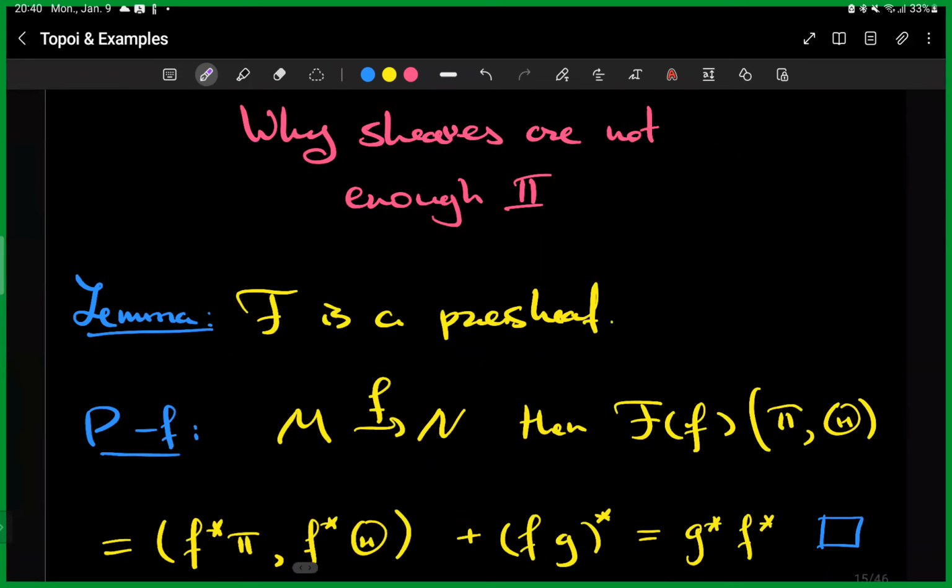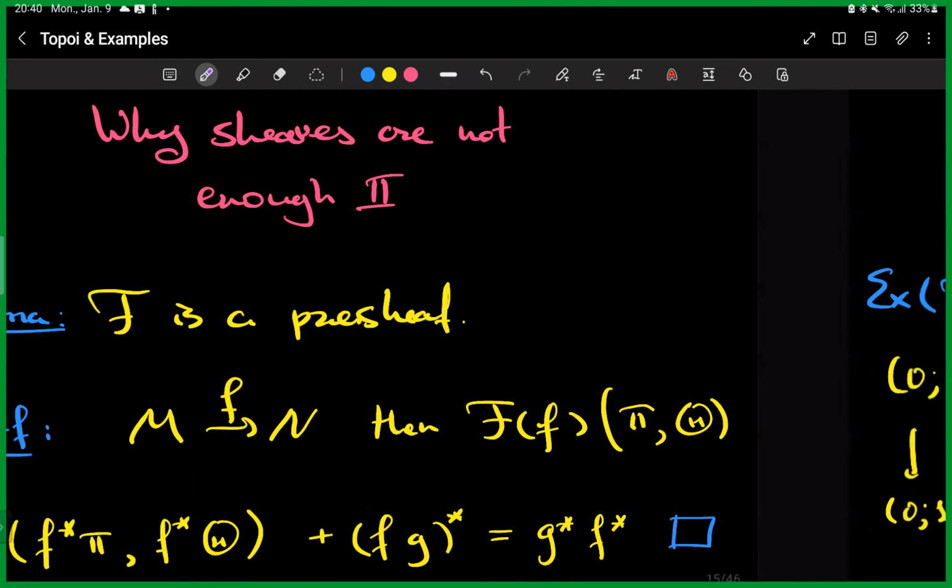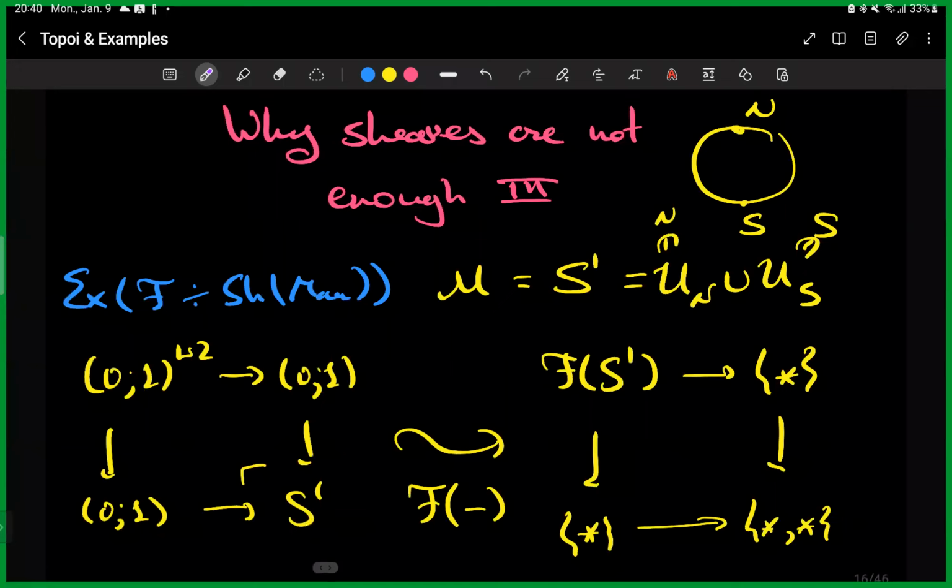So F is a pre-sheaf, and it's quite straightforward. We just take an arbitrary map, and the value of this pre-sheaf on this map is just the pullback of everything. And since the pullback is functorial, this is indeed a pre-sheaf, but it is not a sheaf. Let's see why. So first of all, let's consider the following simple manifolds.